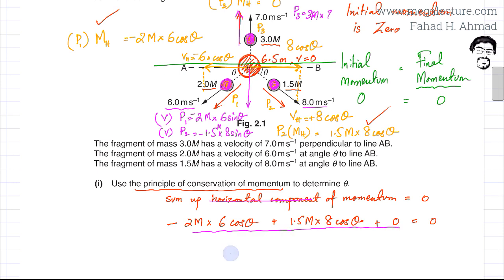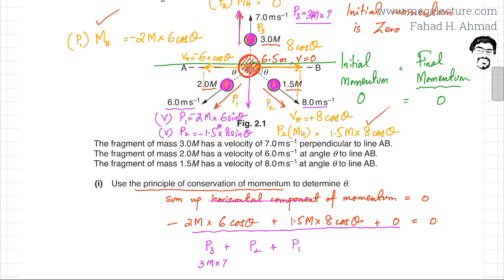So the vertical components would be the momentum of particle 3, plus the vertical momentum of particle 2, plus the vertical momentum of particle 1. The values for particle 3 are 3m into 7, and that is positive.